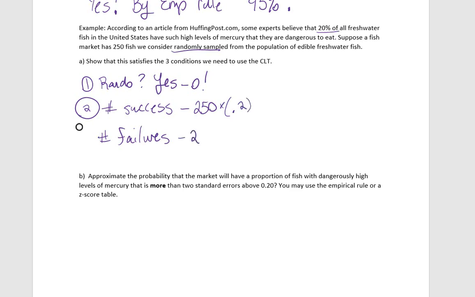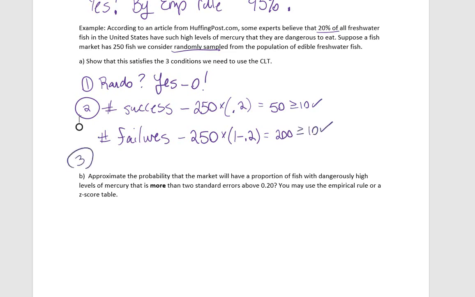And for failures, we have 250 fish, and if you're not in the 20% of successes, then you're going to be in the 80% of failures. So we expect to have 50 successes, and we expect to have 200 failures, which are both greater than 10, so we're looking good.